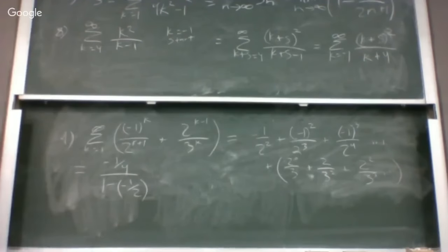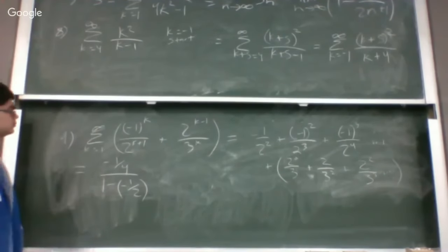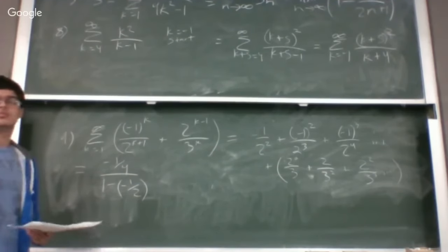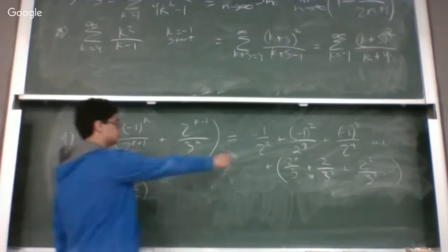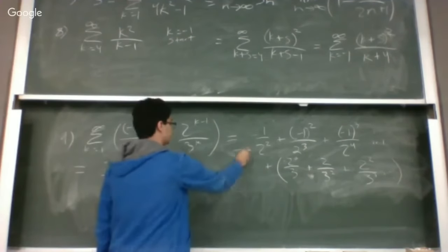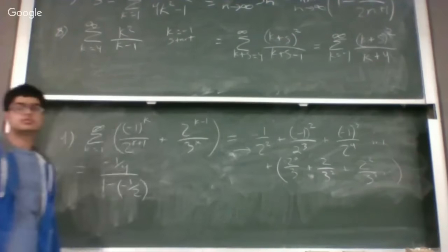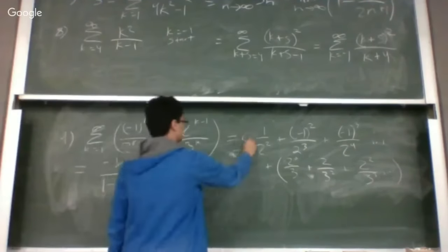So our R value is negative 1/2. This is the first term, so that's it.